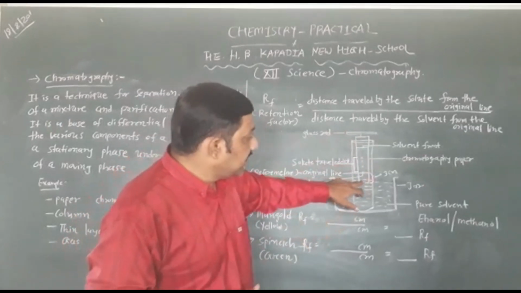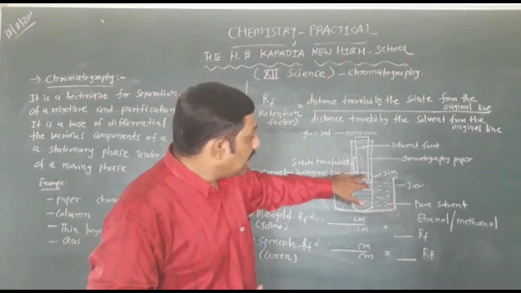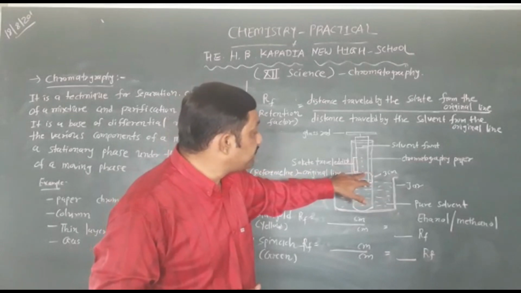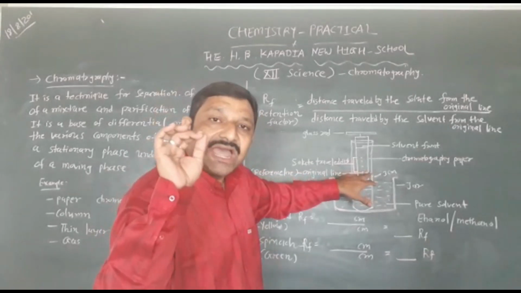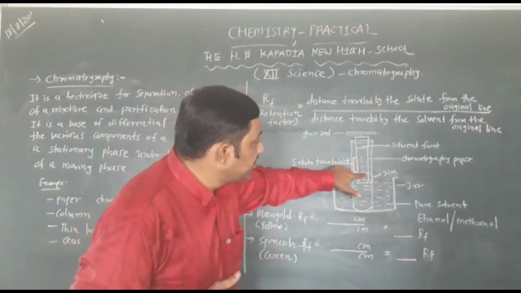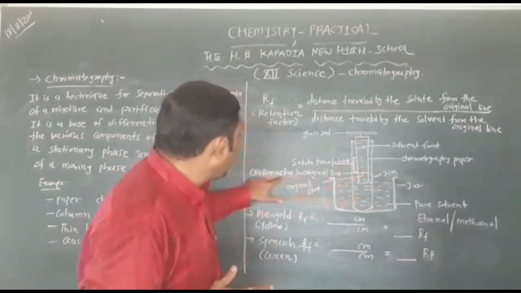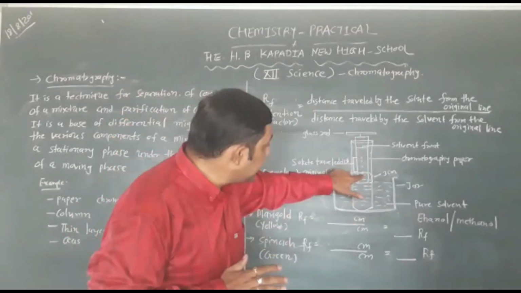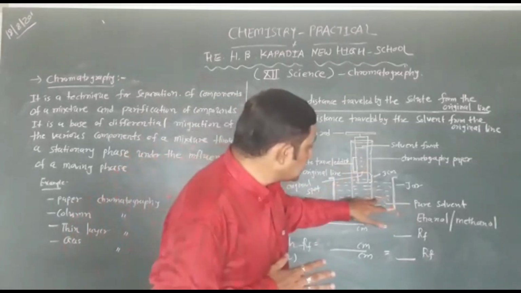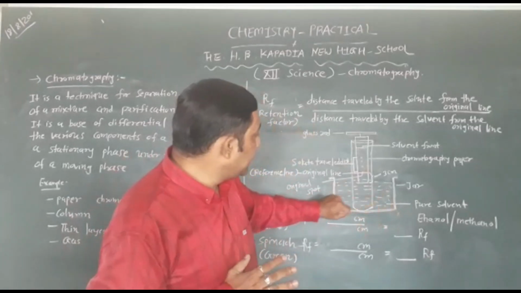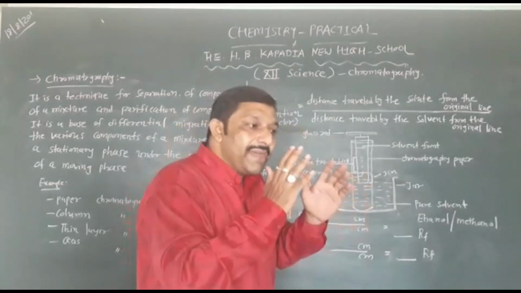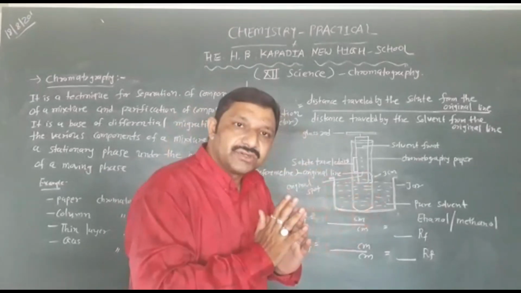Clear? Now look here, at the chromatography paper. You have to measure 3 centimeter from the lower side, draw a line here, and put a spot, a dot, here with the help of a pencil. So here is your original line, or reference line. Here is your pure solvent, methanol or ethanol. Now you have to use marigold solution and spinach solution.